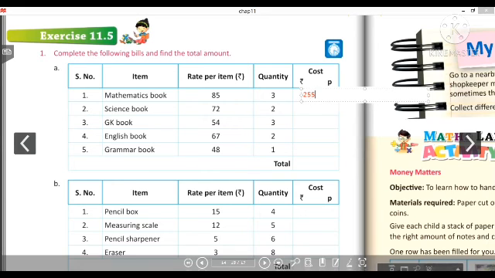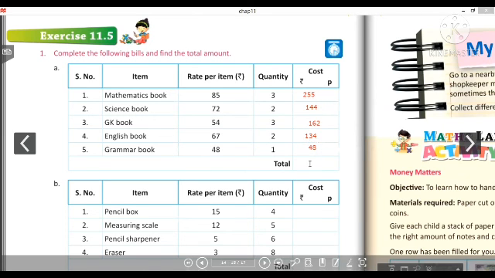So 255. Next, 72 multiplied by 2. We will get 144. 54 multiplied by 3. We will get 162. 67 multiplied by 2. 134. And lastly, we have 48 multiplied by 1, which is equal to 48.